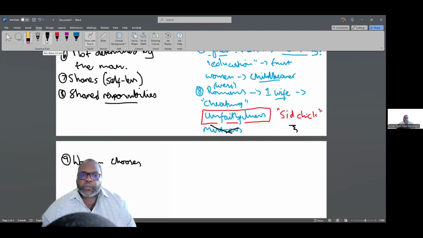So when the woman is menstruating, in the Eastern world, we don't touch the woman for 12 days. So who's going to be attending to the man's sexual needs during the 12 days? So the woman chooses the second wife, and she chooses the concubine, which is very wrongly called a slave.